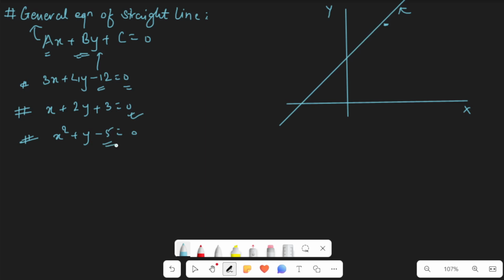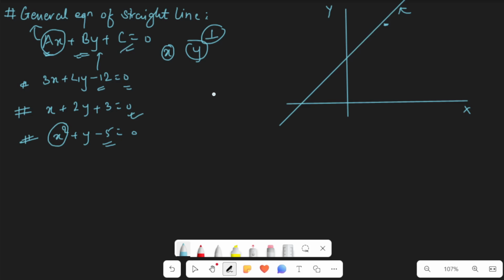Now, this will not represent a straight line because we have a square term here. So, for an equation to represent a straight line, it should have only linear terms. That means the maximum power of the variables should be 1, or the maximum degree of the term should be 1 only. Only then it will represent a straight line.